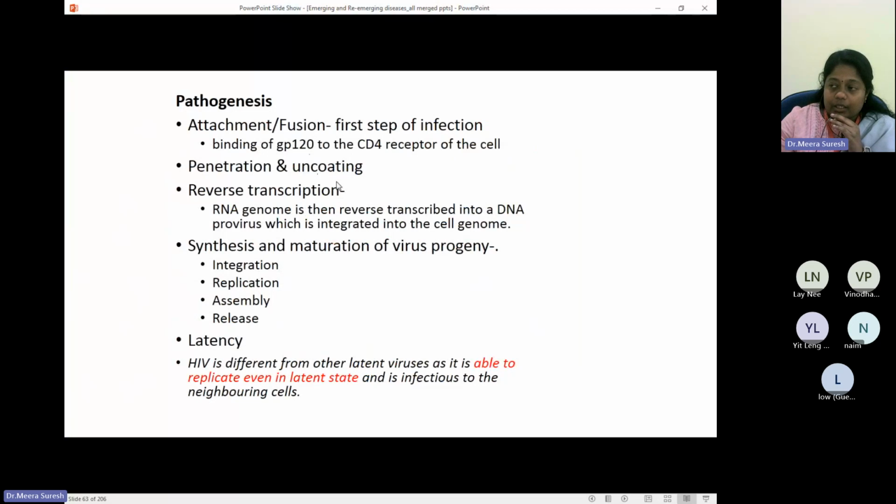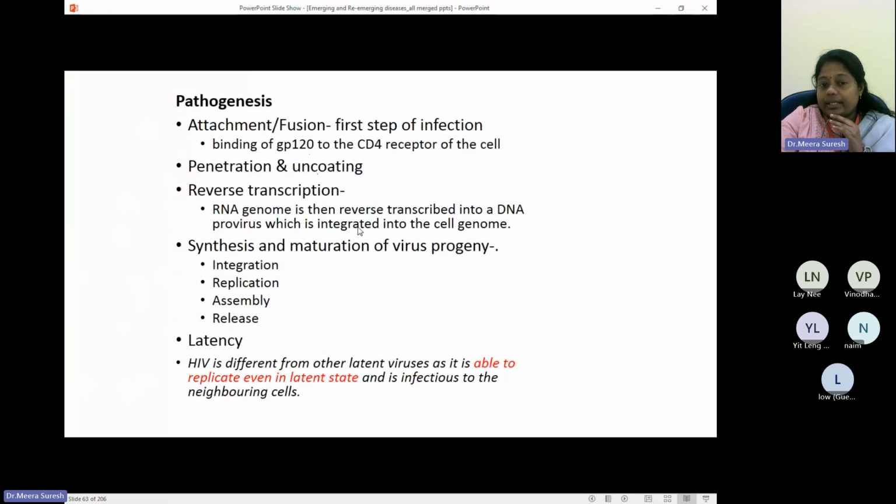Penetration means the HIV virus particle enters into the cell, and then it uncoats. It has an envelope, so that envelope is removed, or uncoating is done. Then there is reverse transcription: the RNA genome present inside the HIV virus, using the enzyme reverse transcriptase, is transcribed into a DNA provirus.